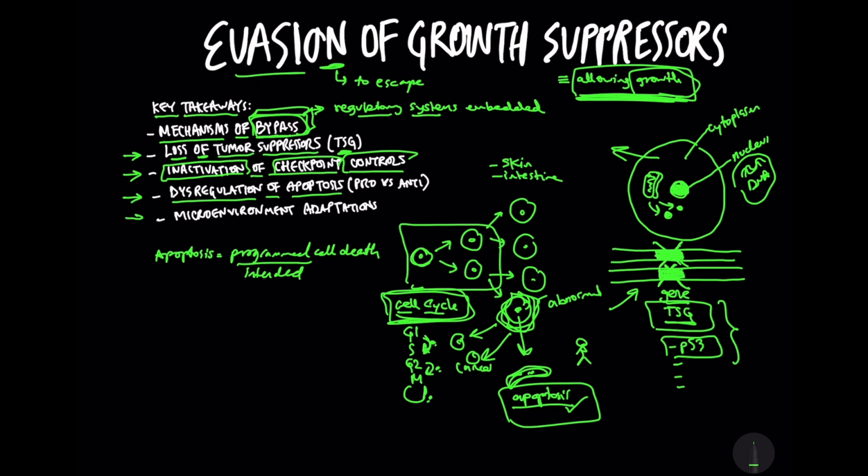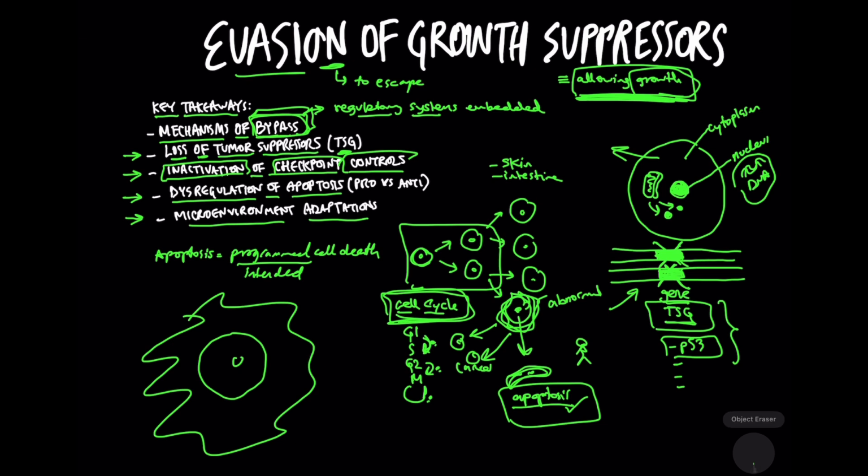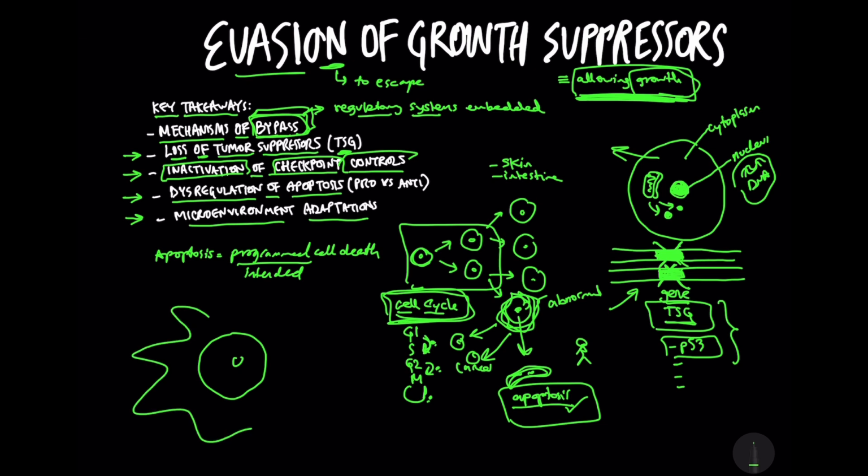And the next note we're going to look at is the microenvironment adaptations that occur in the context of tumor and evasion of growth suppressors. Again, if we have a cell, it is going to be in an environment, in a context. So what is around the cell?